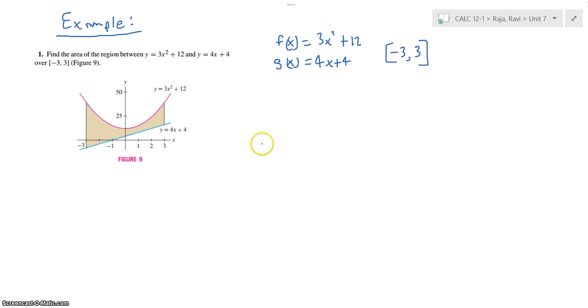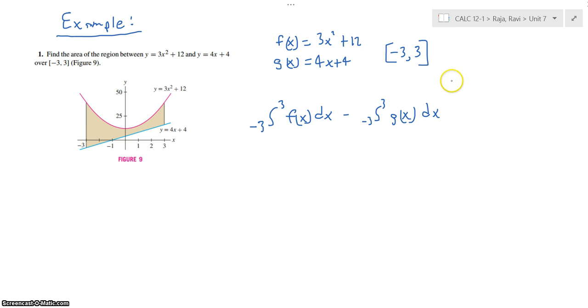So we can use the equation: the integral from -3 to 3 of f of x dx minus the integral from -3 to 3 of g of x dx.